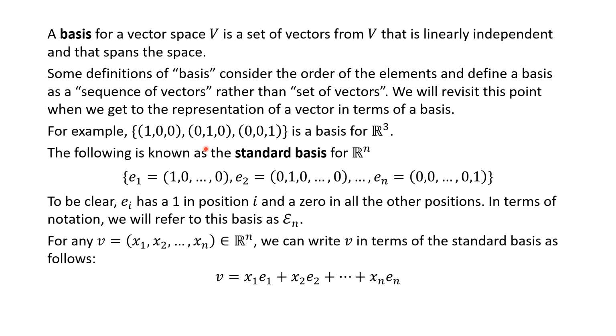That's called the standard basis. Sometimes I'll use the notation epsilon sub n. The idea is you could take any vector in Rn, shown here as v equals (x1, x2, all the way up to xn). Then if you take x1 times e1, x2 times e2, all the way up to xn times en, and add them together, you get back this vector.